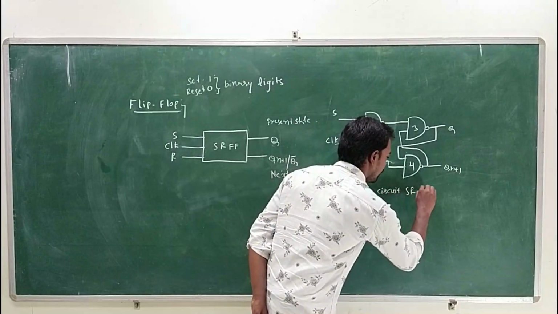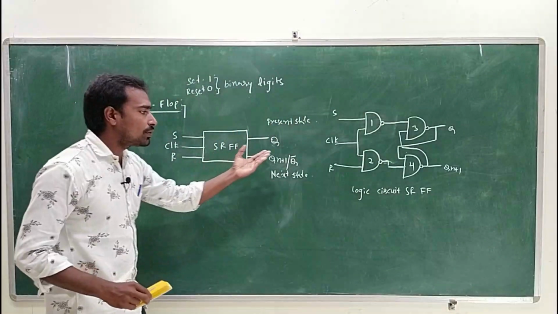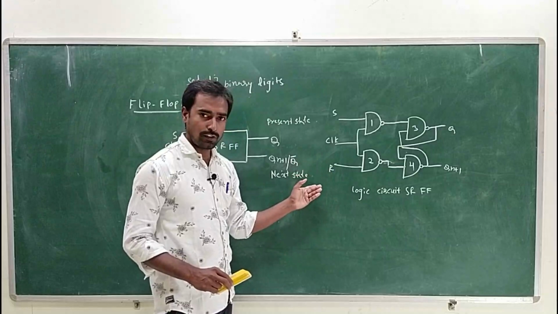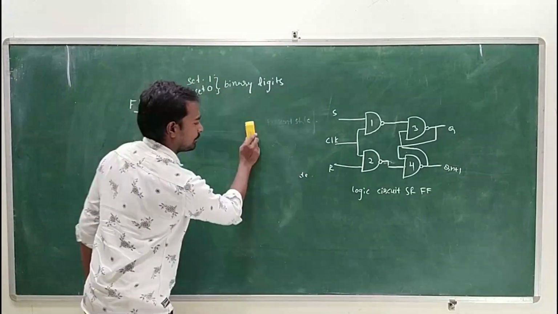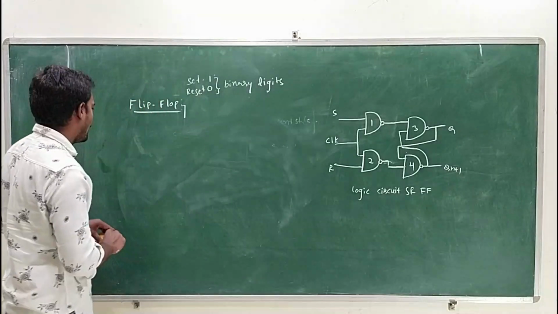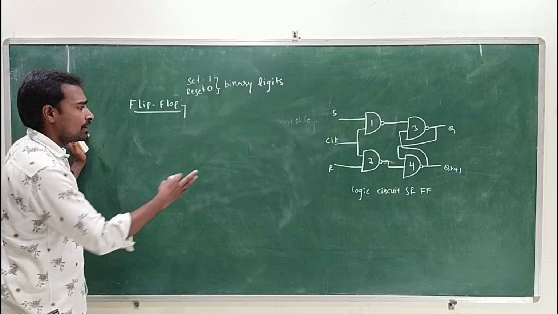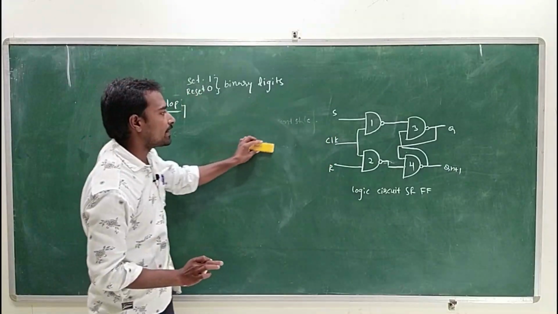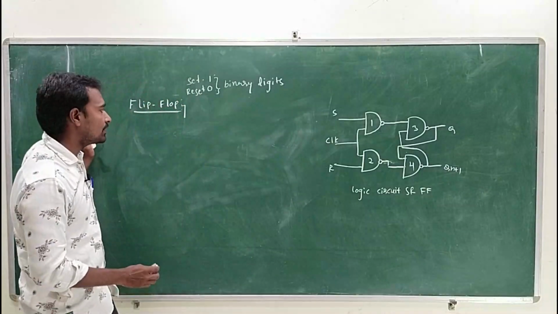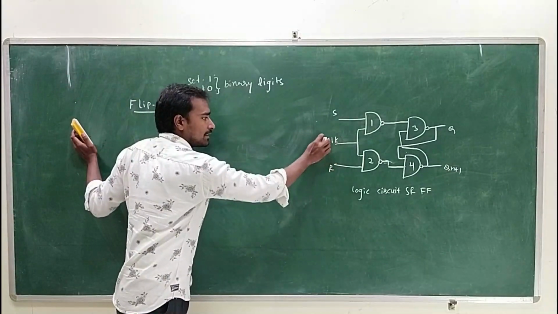So this is the logic circuit of the SR flip-flop. Coming to the truth table of the SR flip-flop, when we take the two inputs, we get 4 combinations, and another input is the clock signal.